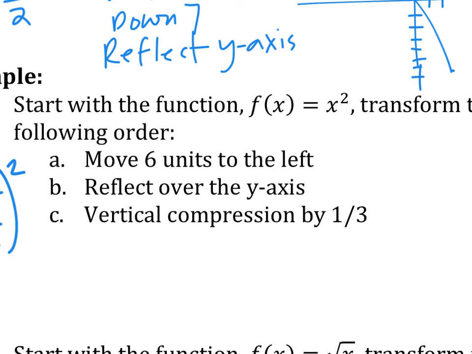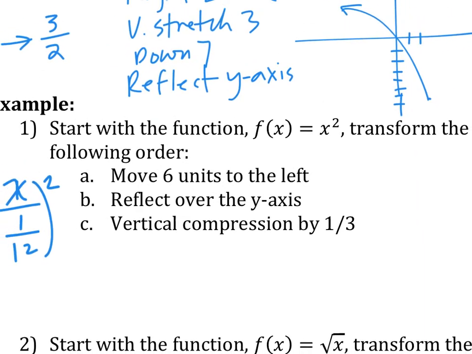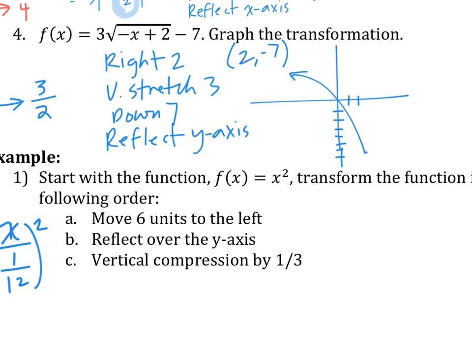Try it. When you have a y-axis reflection, it's very tricky with your left and right movement. It's going to be y equals 1/3 times the square of -x minus 6.